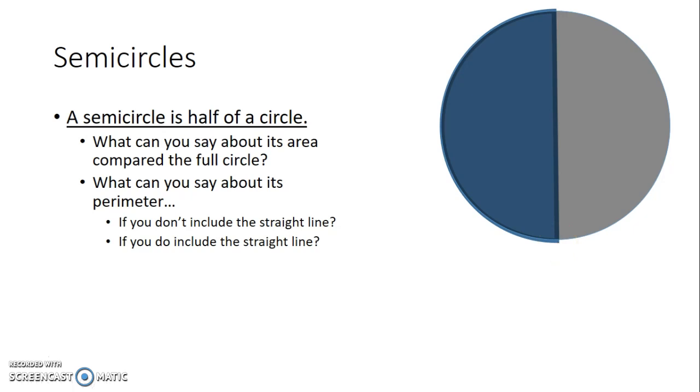So let's say that this circle had a radius of 2. What would be the perimeter of the circle, also known as the circumference?